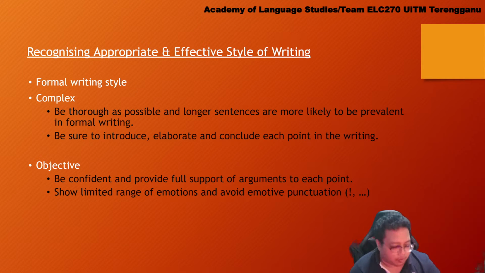Maybe one main point in a paragraph, depending on what form you are writing. Introduce the topic, elaborate, give the necessary support. Then at the end, conclude with a short summary. Then the objective: be confident and provide full support of arguments to each point.